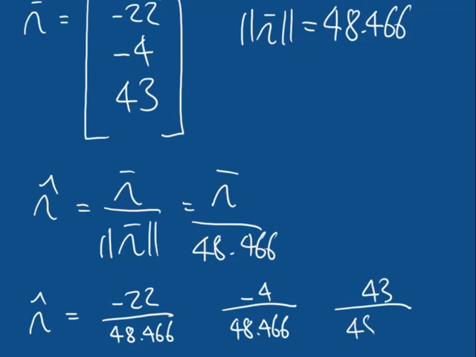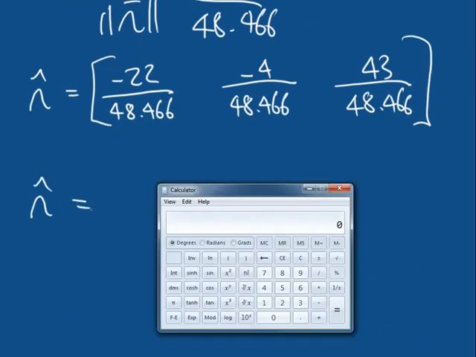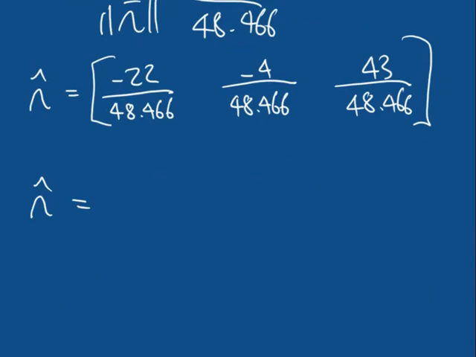43 divided by 48.466 in z, which, using a calculator, tells us that n hat is equal to minus 22 divided by 48.466 is minus 0.454.